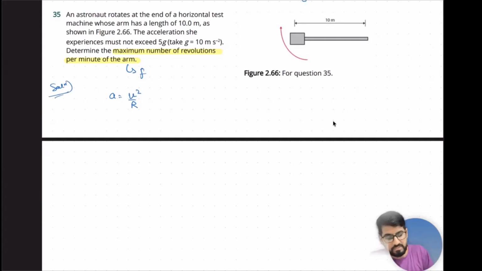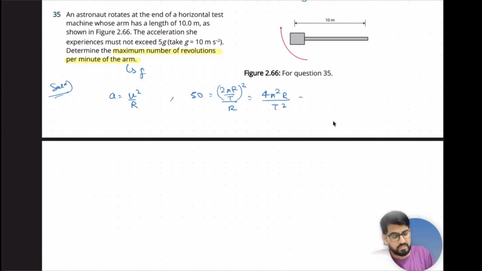Acceleration is 5g, we can take g as 10, so it is 50. And then v is 2 pi r by t, whole square, divided by r. Or you can directly use from the data booklet 4 pi square r over t square.